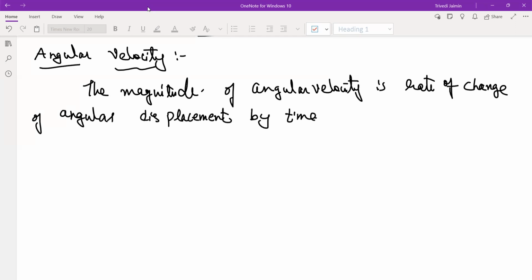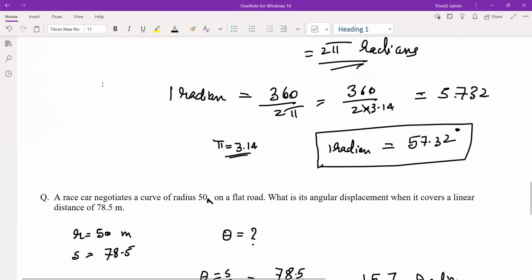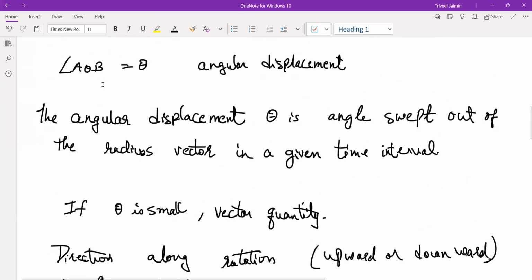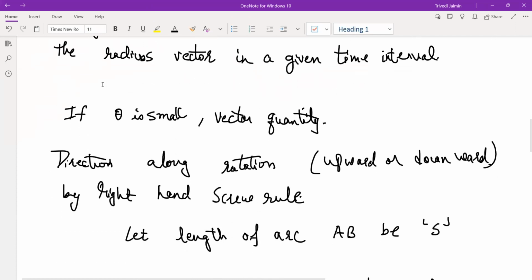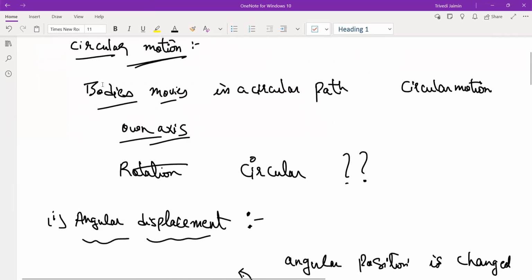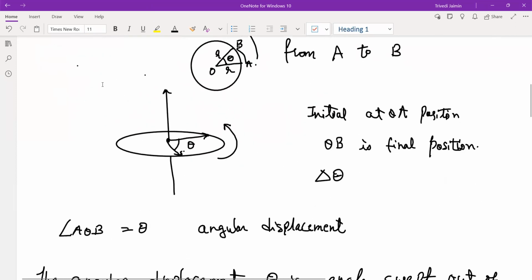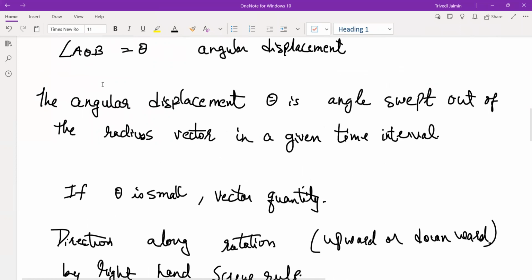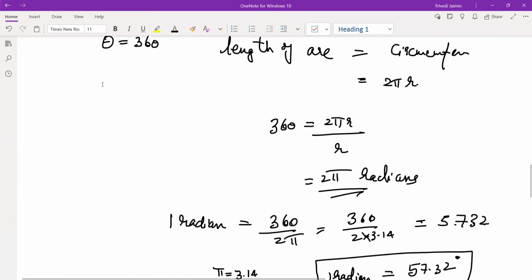Or in the same manner as we wrote for angular displacement, the angle swept out by the radius vector in a given time interval.